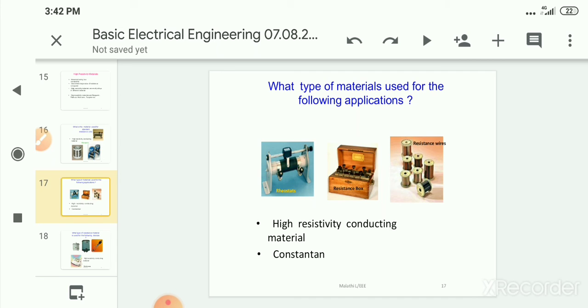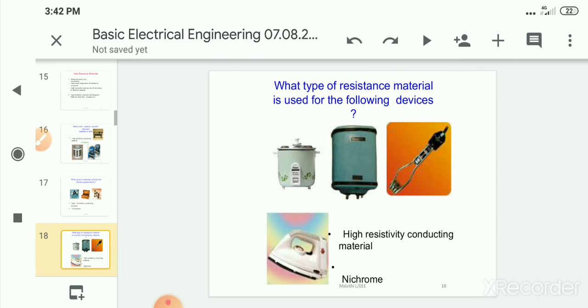See, these are the rheostats, resistance boxes. The high resistive conducting material used here is constantan. The third category is nichrome. In daily life, in our domestic applications, rice cookers, heaters, heating coils, iron boxes are all made with nichrome.